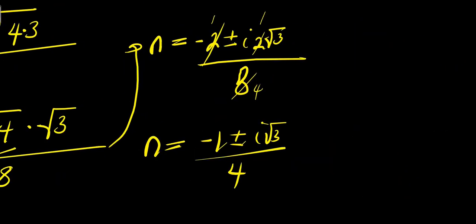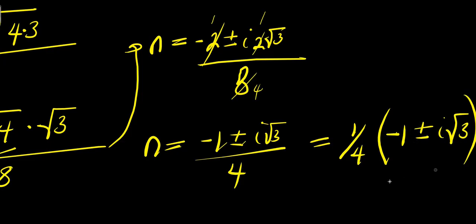So I can factor out 1 over 4. This will give us negative 1 plus or minus i times root 3. So right now we have two complex values for n. Negative 1 plus i root 3, divided by 4, and negative 1 minus i root 3, divided by 4.